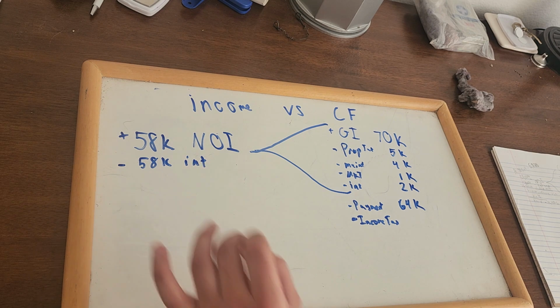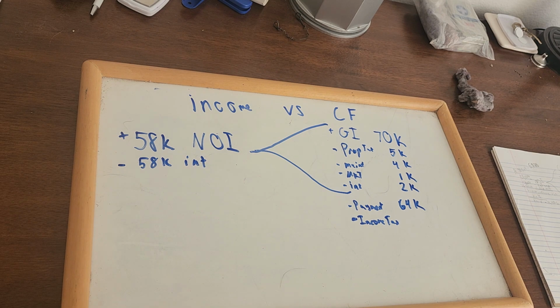Now, most people would stop right here and say we get zero income, and that would be completely false. We actually have depreciation, which we can write off on our assets. Depreciation is 1 in 27.5 years, and we can only take one of those years of depreciation today.